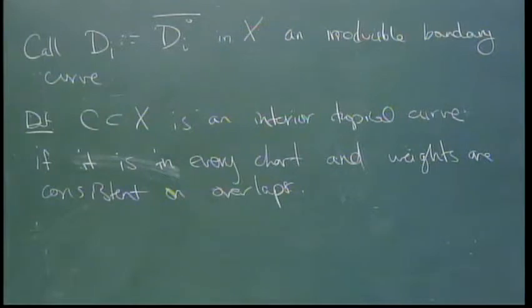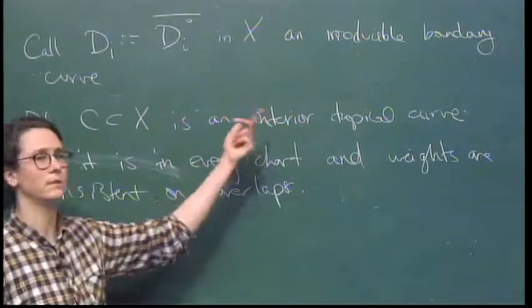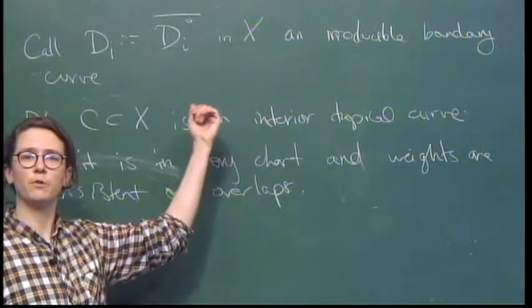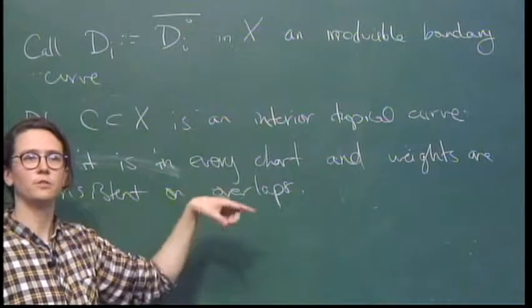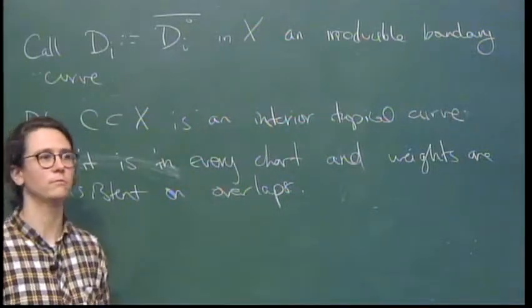Okay, and a tropical cycle, which we haven't seen, I think, yet, is going to be the same definition as a tropical curve, right? So remember that we have positive integer weights on a tropical curve, and a cycle is just we allow those weights to maybe be negative.